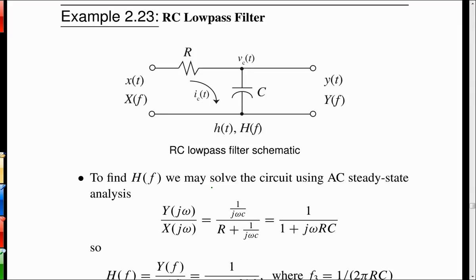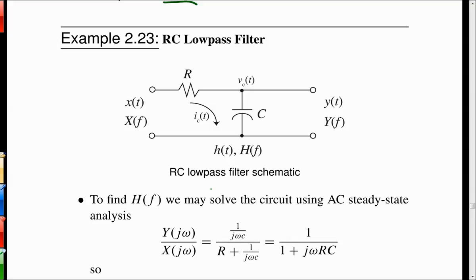So when you see this circuit and somebody says get the frequency response, without looking ahead, what's your favorite way of getting the frequency response? Using which techniques, though? Fourier, Laplace, or AC steady-state circuit analysis?